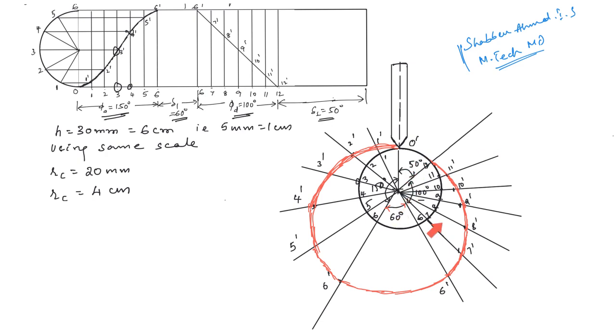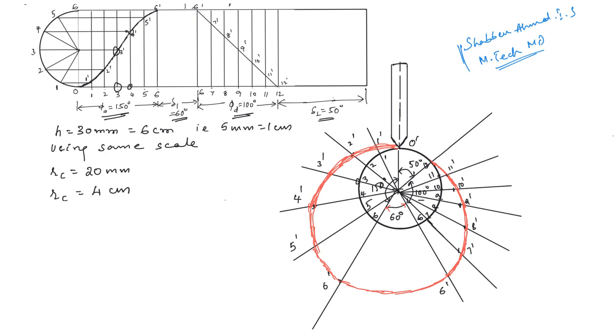Then from 6 again, we have the angle of descent, 100 degrees. That also we have to divide into 6 equal parts, because we have divided it into 6 equal parts in the displacement diagram for constant velocity descent, and we have marked the numbers 6, 7, 8, 9, 10, 11, 12.